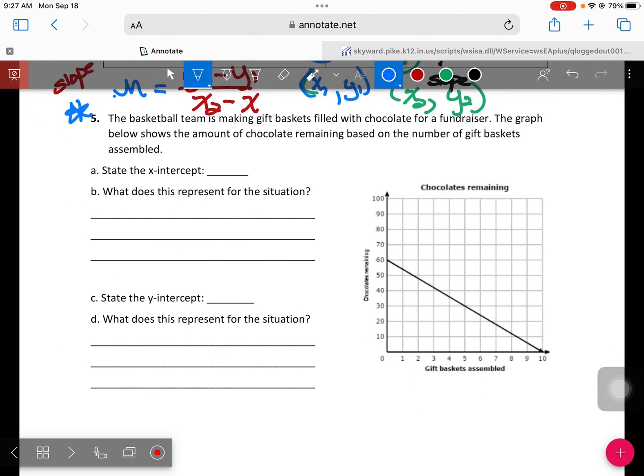So, what is my x-intercept here? Yes. The x-intercept is where the graph, right here, crosses the x-axis. So that is 10. And I can also write that as 10, comma, 0 as an ordered pair.